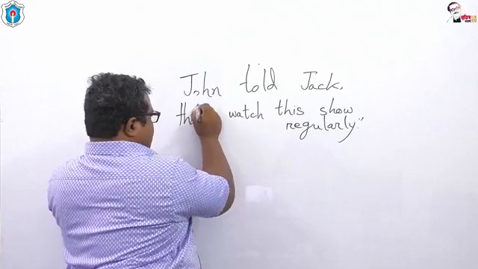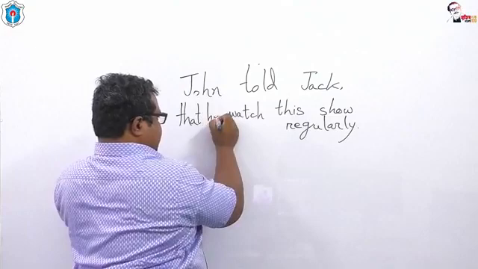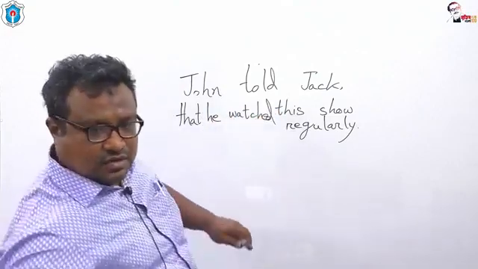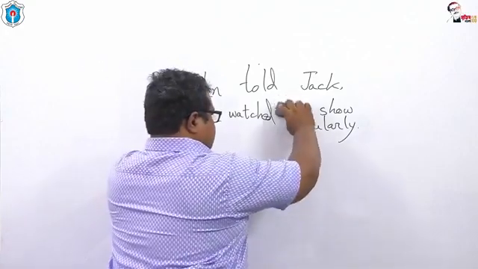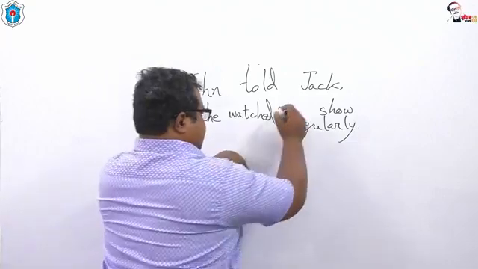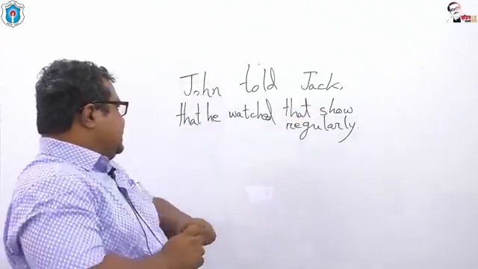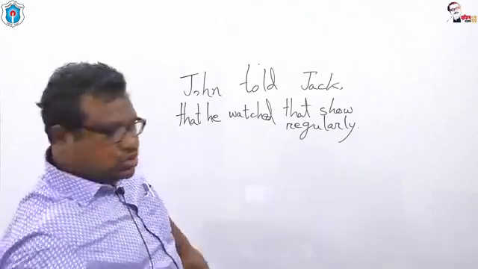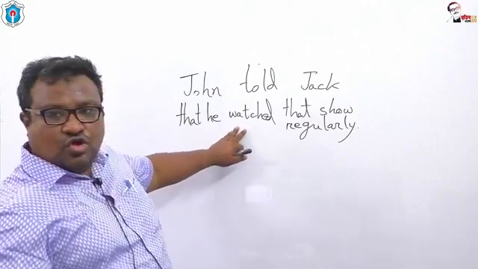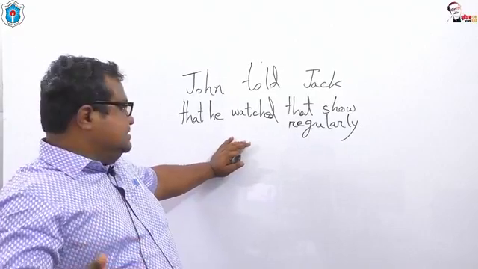Then the inverted comma portion will be changed, so "watch" becomes "watched." John told Jack that he watched that show regularly. So, we are changing the simple present tense into simple past tense.